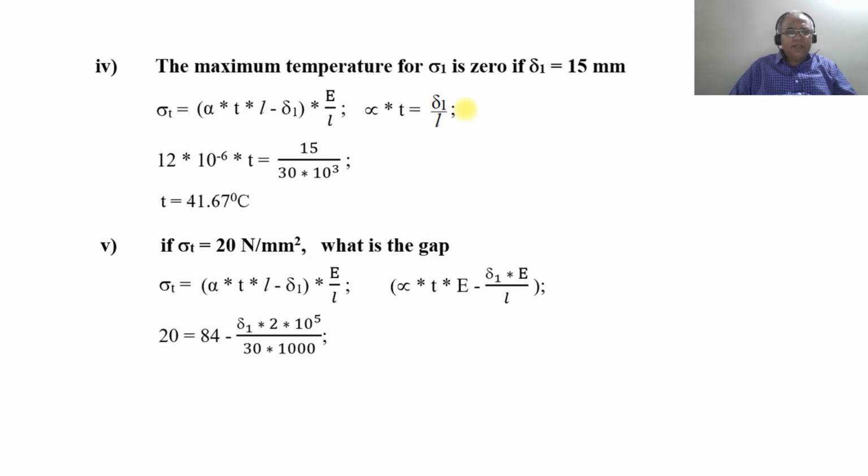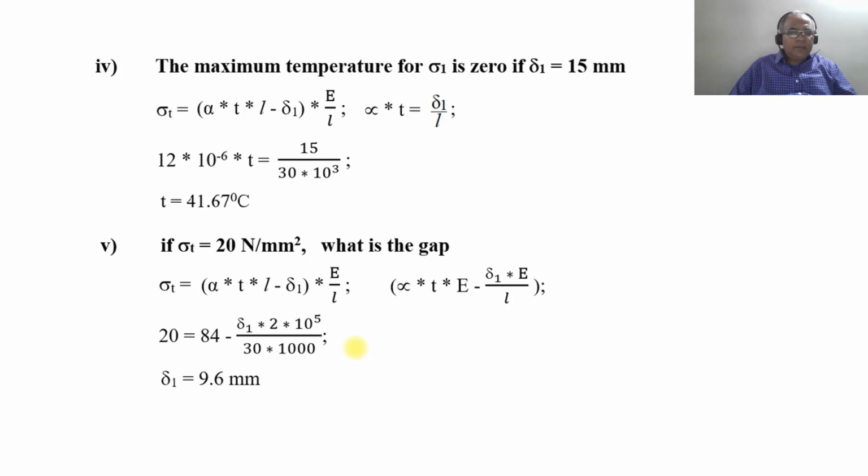Sigma T is 20 Newton, so 20 equals 84 minus delta 1 into E, which is 2 into 10 to the power of 5, divided by L, which is 30 into 10 to the power of 3. Therefore, the value of delta 1 will be 9.6.